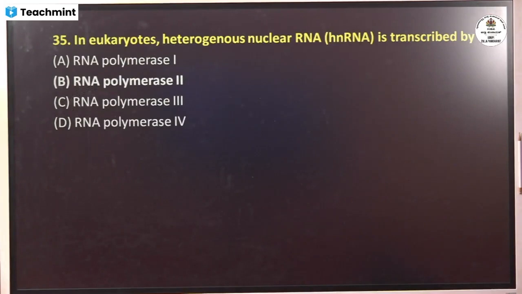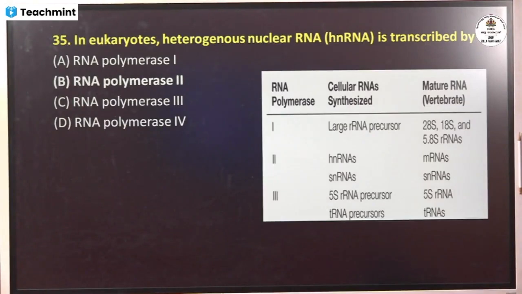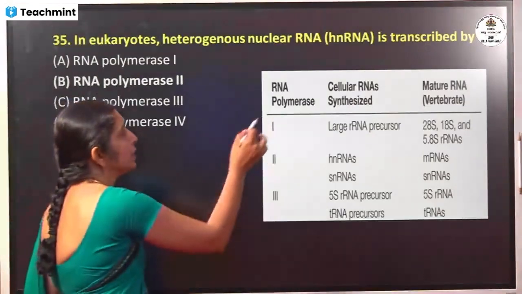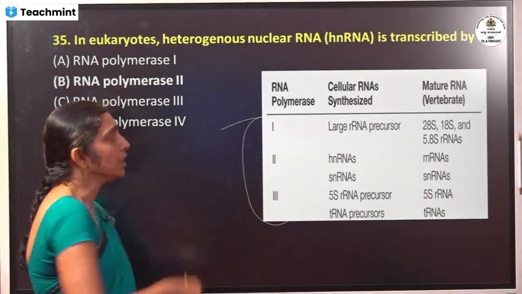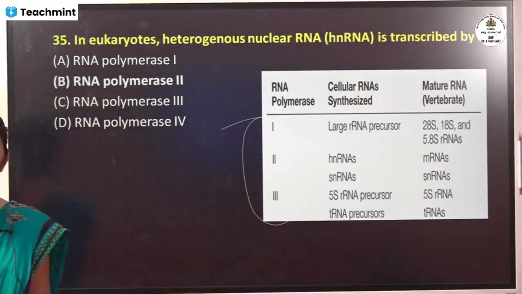In eukaryotes, heterogeneous nuclear RNA, hnRNA, is transcribed by RNA polymerase 1, RNA polymerase 2, RNA polymerase 3, RNA polymerase 4. So here, in eukaryotes, we have 3 different types of RNA polymerases: RNA polymerase 1, 2, and 3.